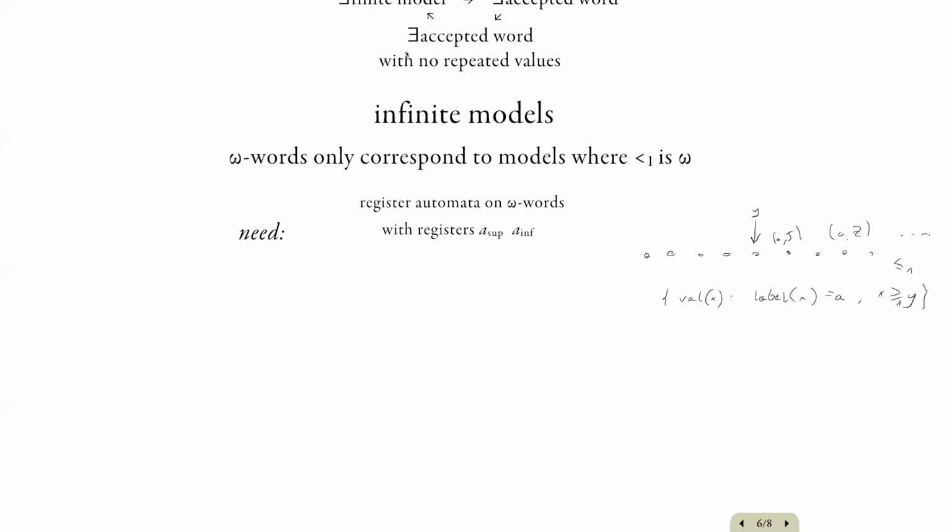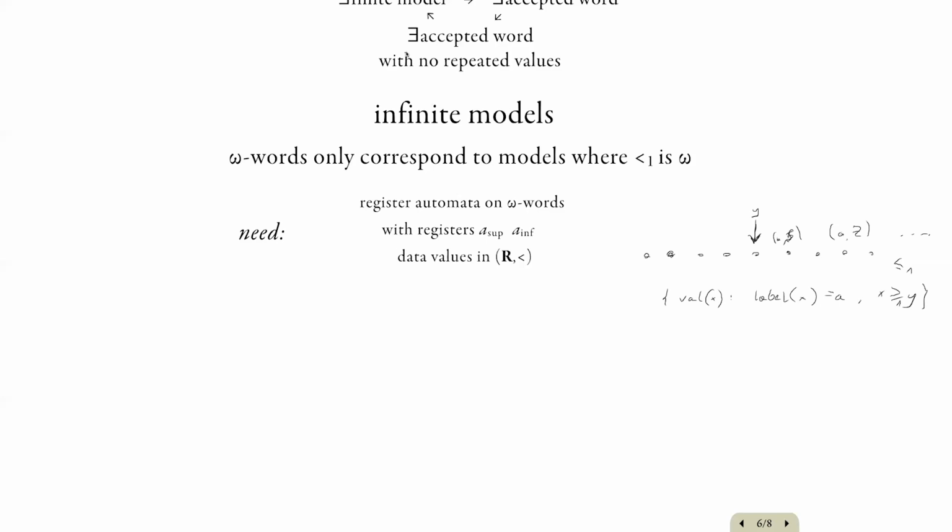And we look at the ones to the right of y, which are labeled A, and we take the supremum of the values there. So this is what the automaton can access when it is placed at node y. It could also look at the minimum of the values to the left, but this it can compute in the usual way by just updating the current minimum when processing the word from left to right.